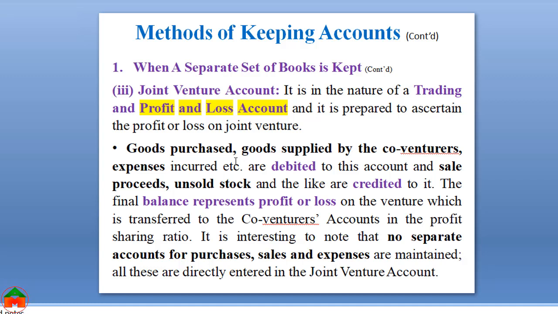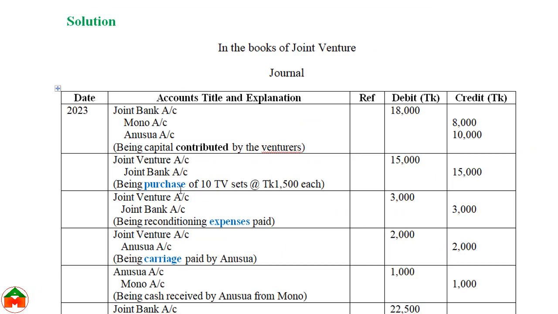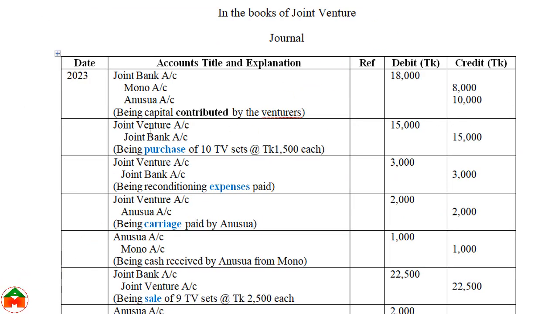Whenever there is a purchase, a supply of goods from the co-venturers, or expenses, the joint venture account would be debit. That's why due to the purchase, the joint venture account is debit with Taka 15,000, and since the amount is going to be paid from the bank account, the bank account will decrease. That means joint bank account credit 15,000.